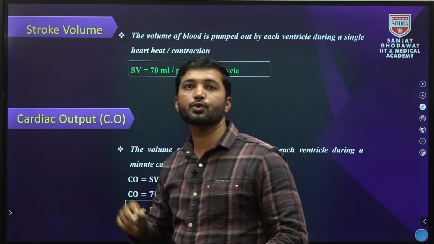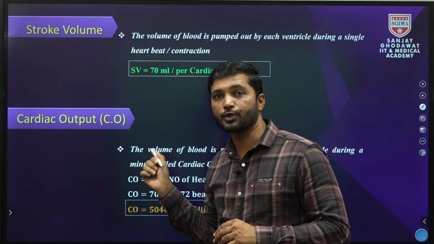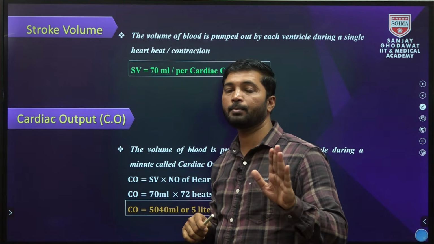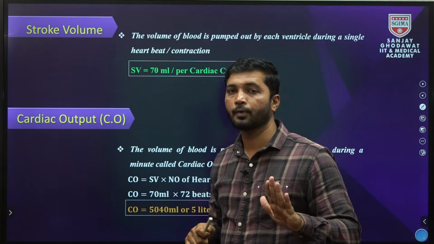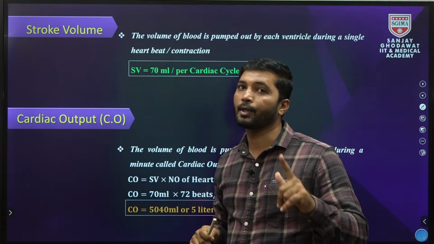Next we go to the stroke volume and the cardiac output. This is the final concept in the cardiac cycle. If you take the stroke volume first, the simple definition: the volume of blood pumped out by each ventricle in a cardiac cycle.